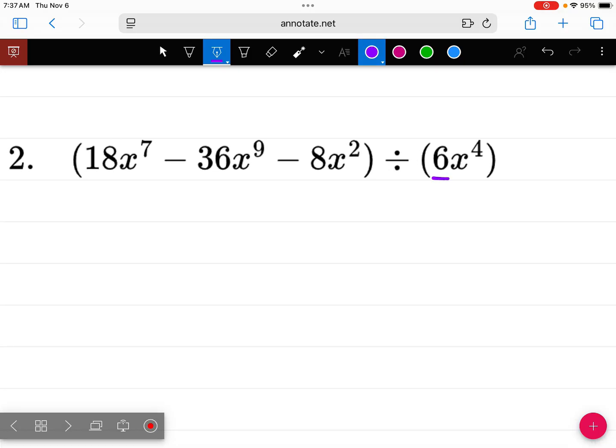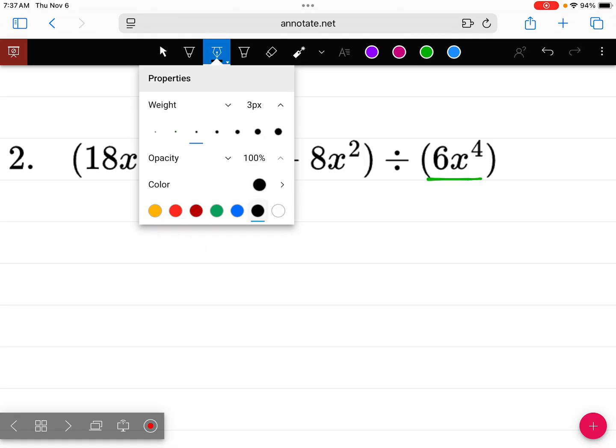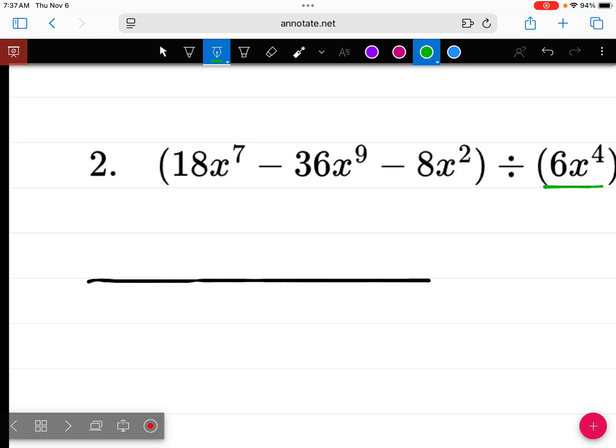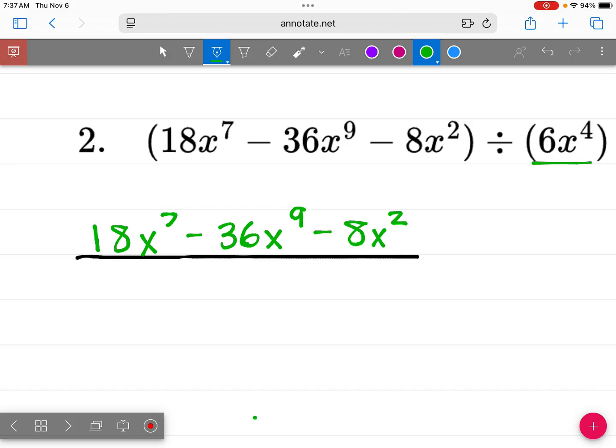We're dividing by a single term, so we are going to set this up as a fraction, where we have 18x to the 7th minus 36x to the 9th minus 8x squared, and we're going to divide this by 6x to the 4th.